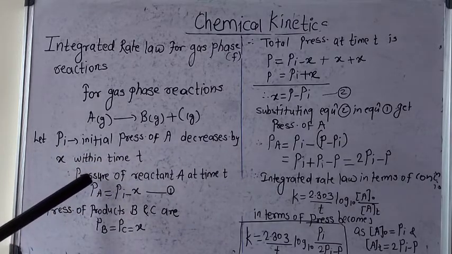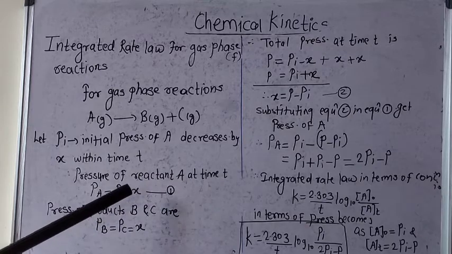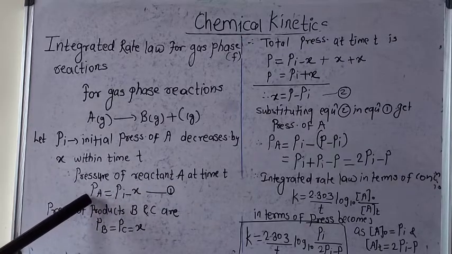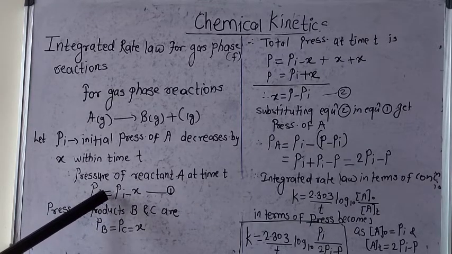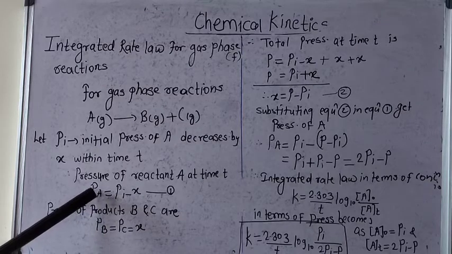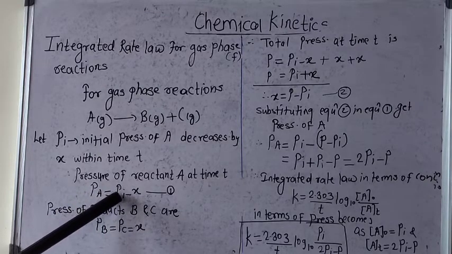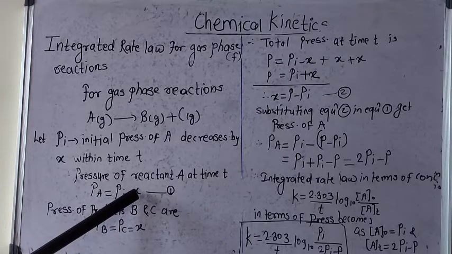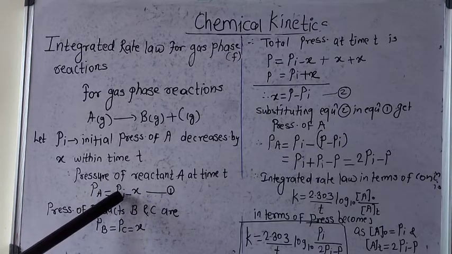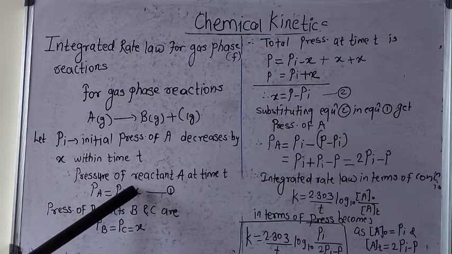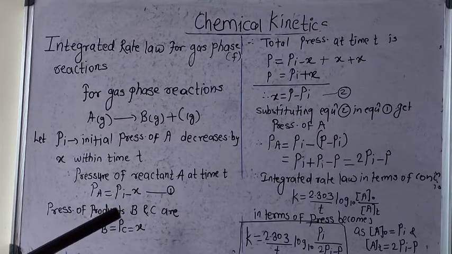So the pressure of reactant A at time t is Pa equal to Pi minus x, because the initial pressure is Pi and x is the amount by which the pressure decreases.